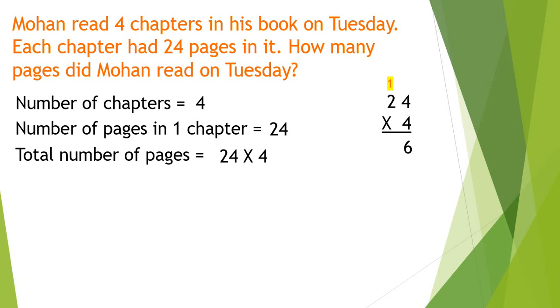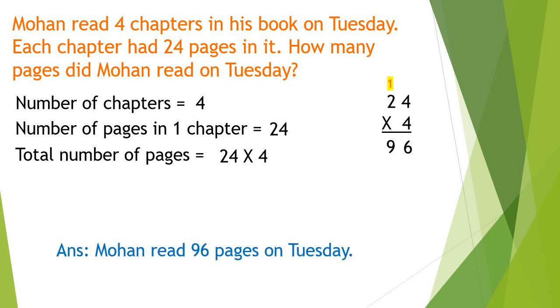Now we will multiply 4 with the next number, that is 2. 4 twos are 8, but we have 1 as a carry, so we will add it. 8 plus 1 is 9. So the answer we got is 96. Now final answer. Our final sentence was, how many pages did Mohan read on Tuesday? Answer is, Mohan read 96 pages on Tuesday.